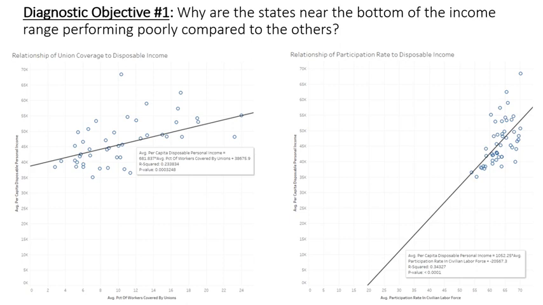On the right, we see an even stronger relationship with nearly 34% of disposable income being determined by participation rate. As a greater percentage of the population is involved in working, we see that the disposable income per capita increases.